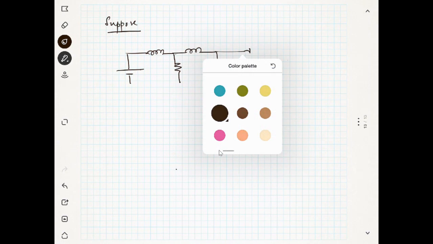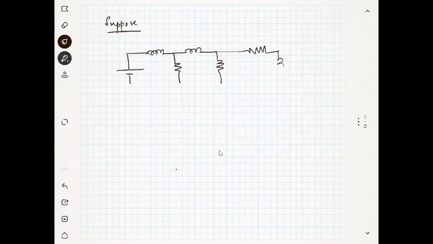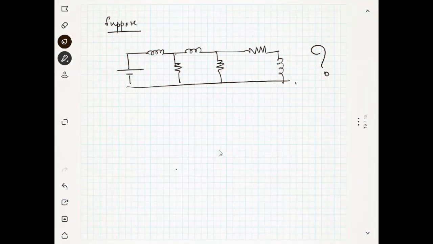In this case, what will you do? Will you calculate the impedance, the reactances and things? No, not reactance. Actually, reactance has nothing to do with this. Time constant is the factor.